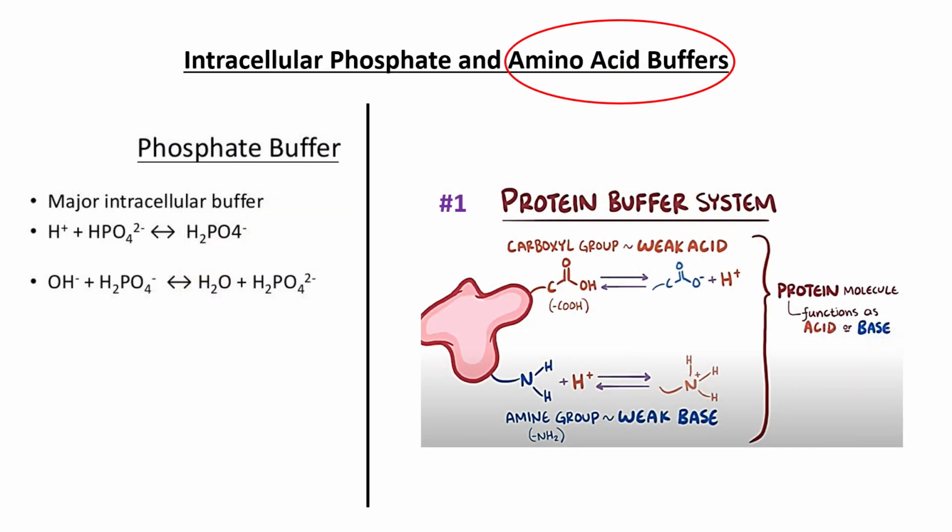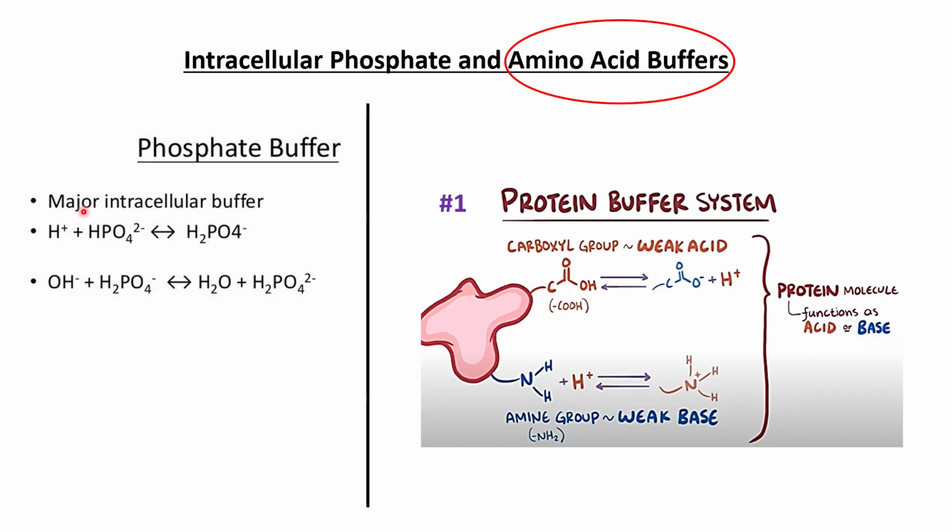The main thing with this slide is that for intracellular management of pH, the two systems that we use are phosphate, notably this HPO4 2-. It can protonate or deprotonate. It's a phosphate buffer.